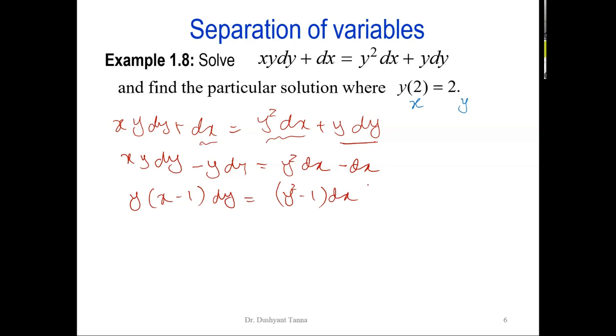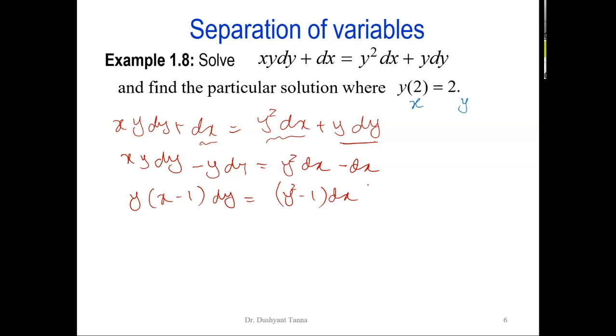Okay. So far, we are just simplifying it. Now, you can stop here, observe the equation, and see in your mind if you can get the y term on one side with dy and the x term on the other side with dx.